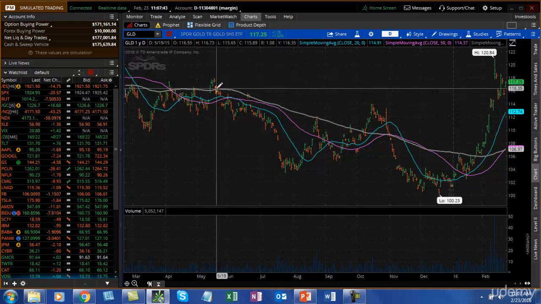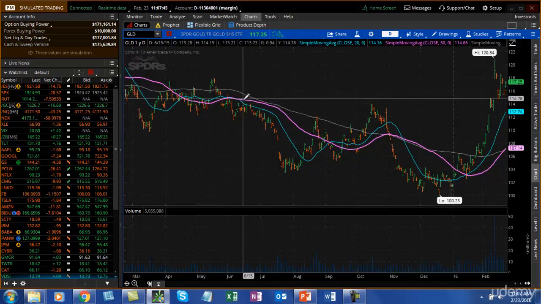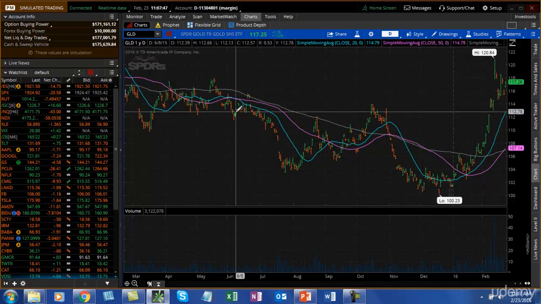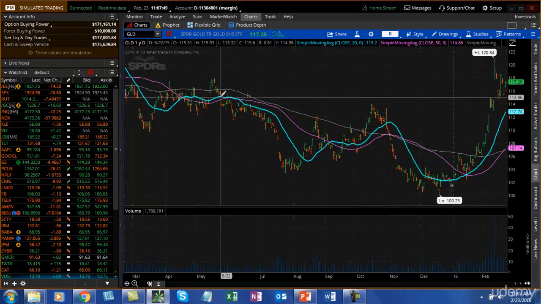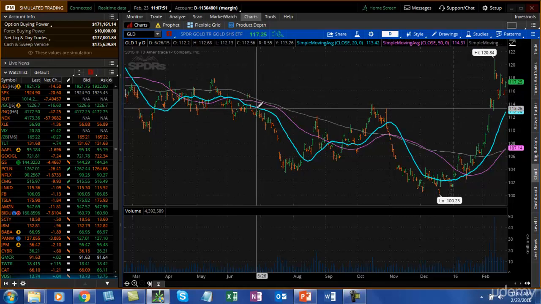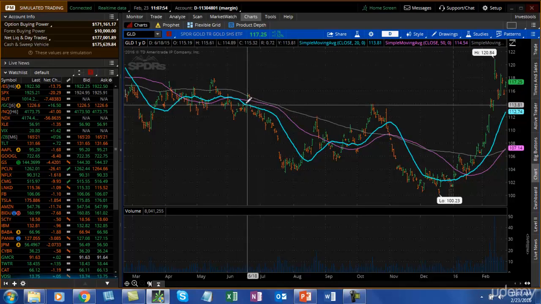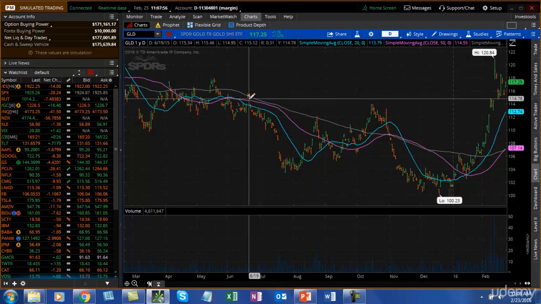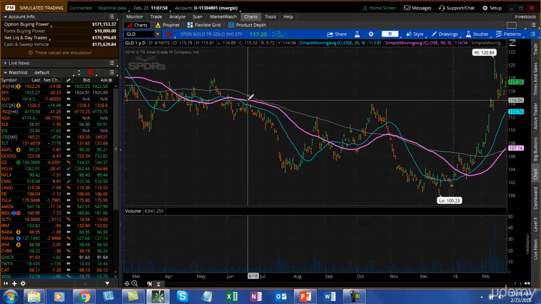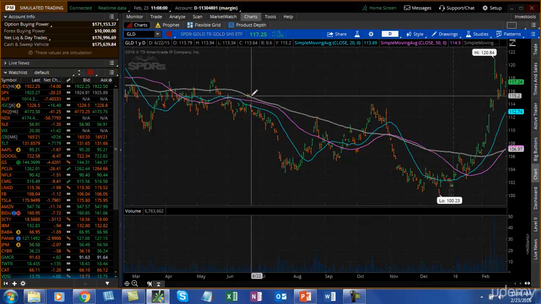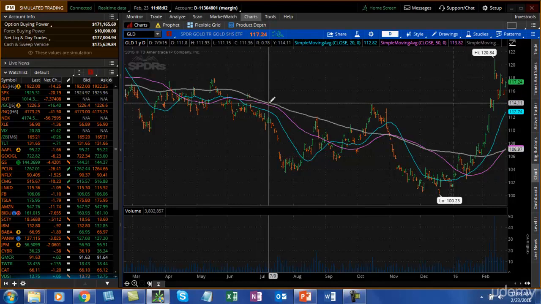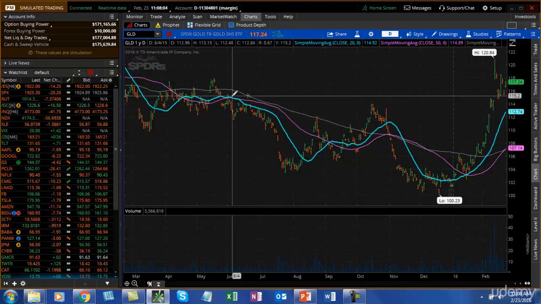So here you can see that this is where you have all 3 signals lined up properly, all 3 moving averages lined up properly. And when you see the fastest moving average, which is the 20-day, below all the others, and then you see the next fastest, which is the 50-day, is below the 100-day, and the 100-day itself is sloping downwards, this tells you that this is a bearish move.